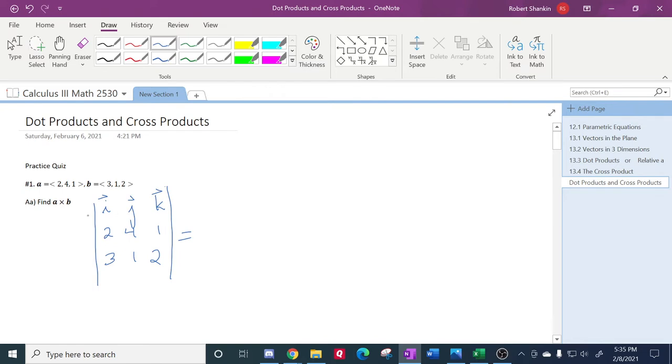But if we go across the top row, it's i times the determinant of the 2 by 2 that's left over, so we knock out that column and that row. Opposite sign as you move to the next element, j. Opposite sign, k.